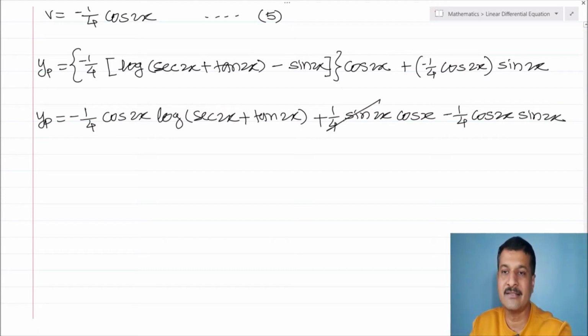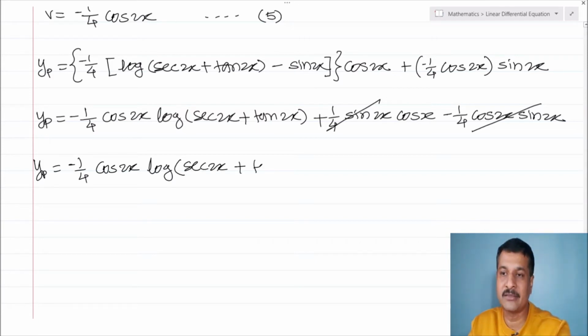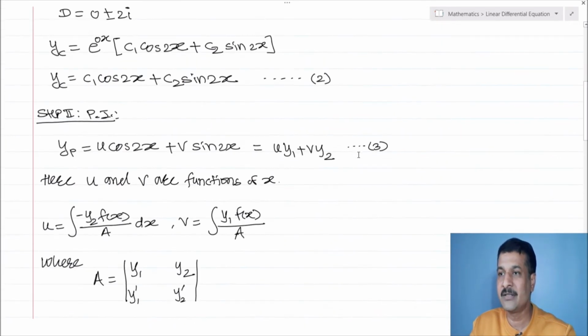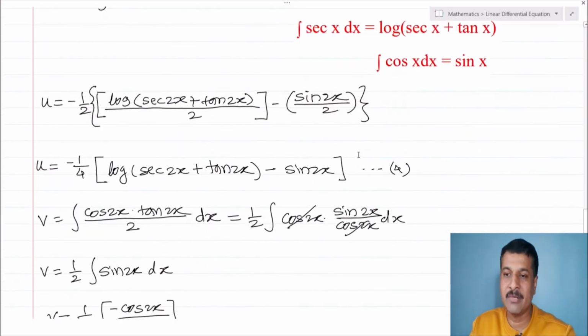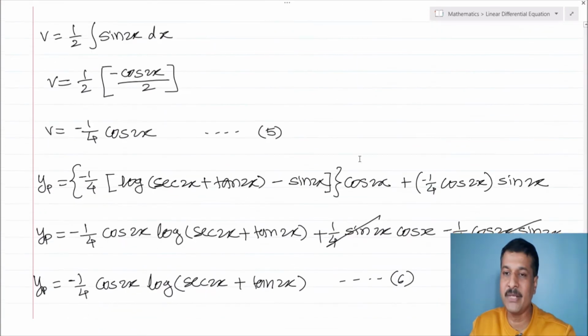So these cancel. So I am getting simply yp equal to minus 1 by 4 cos of 2x into log of sec 2x plus tan 2x. So this is equation number 6. So we have now yc, which is equation number 2, and yp, equation number 6, in equation 1. So I am getting the complete solution.